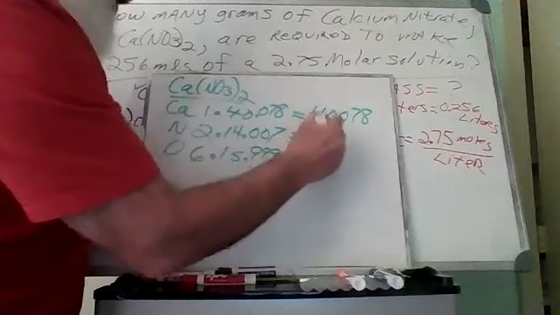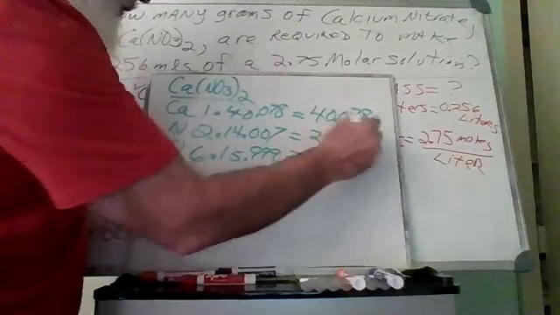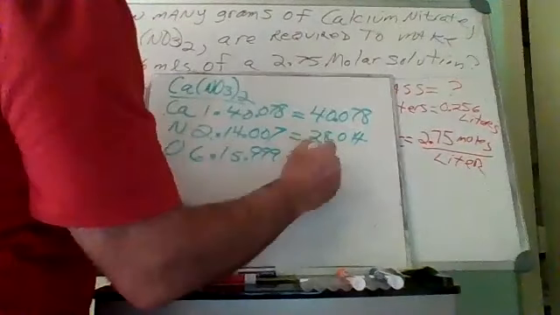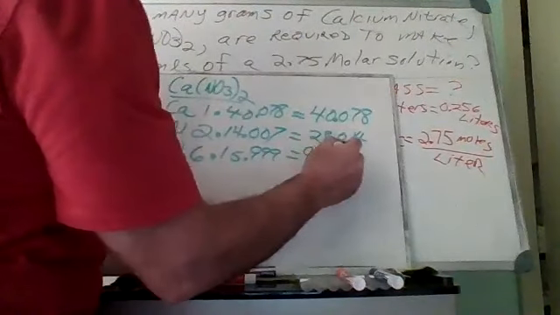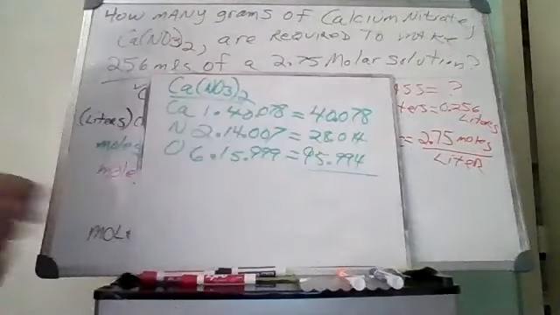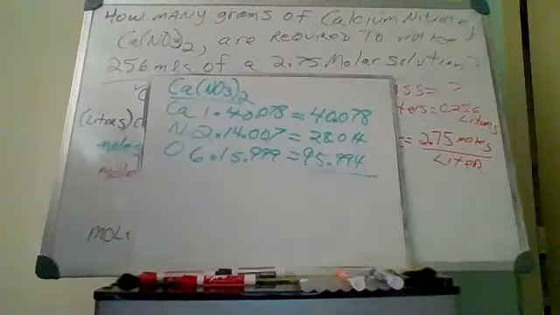That's going to be 28.014 for the nitrogens, and 95.994 for the oxygens. All right, we get out a calculator and add them up.